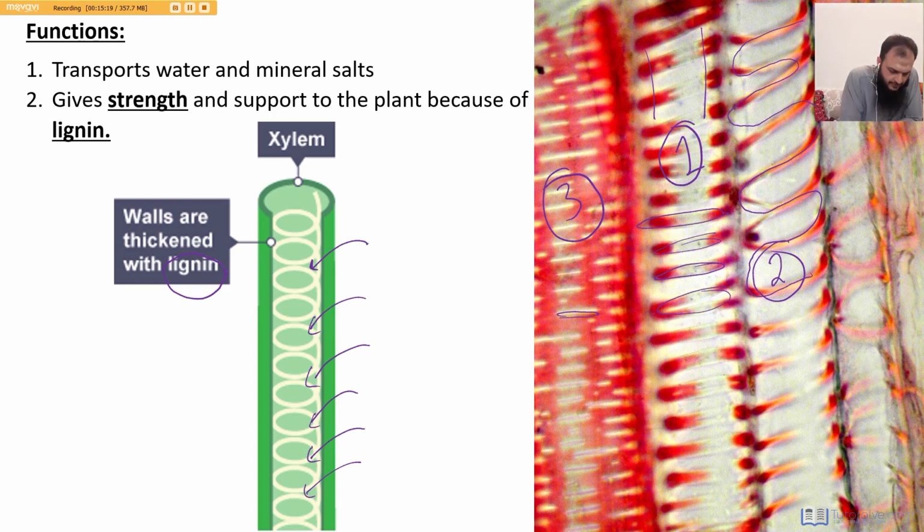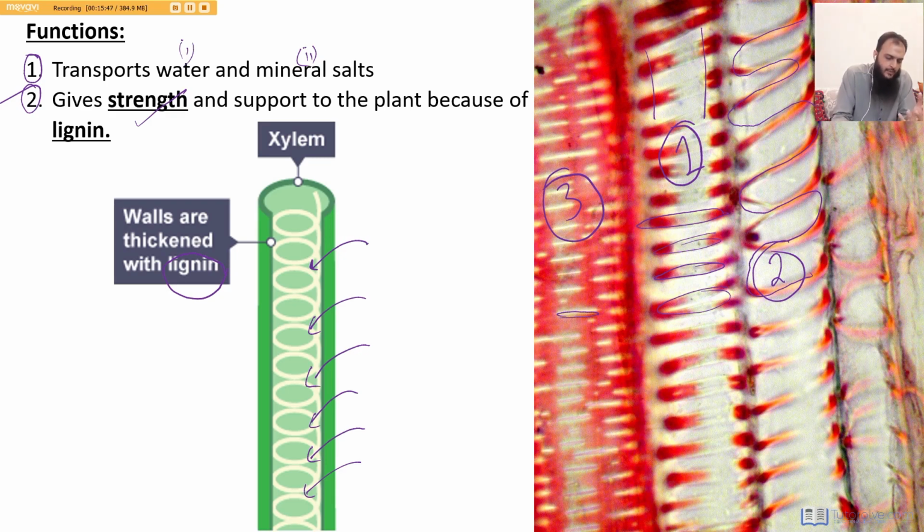Now, the first function is very simple, which is transportation of water and mineral salts. Okay, of course, the mineral salts are within the water. And the second function of xylem is it gives strength and support to the plant because of the lignin. Now, if this lignin was not deposited within this vessel, it would not have been that strong.